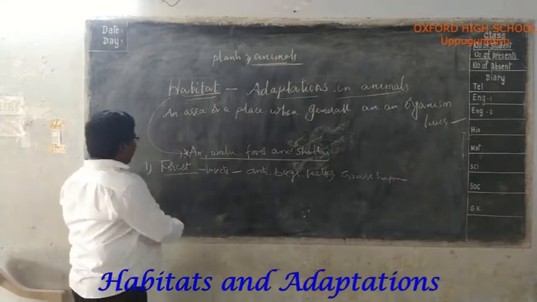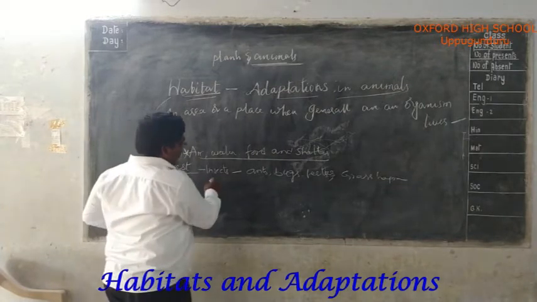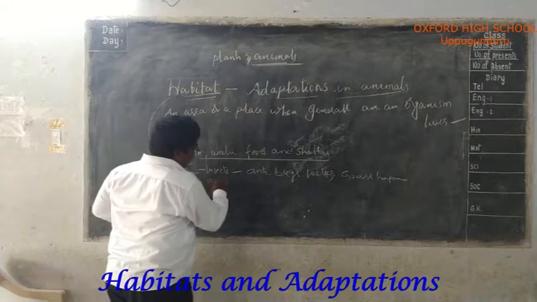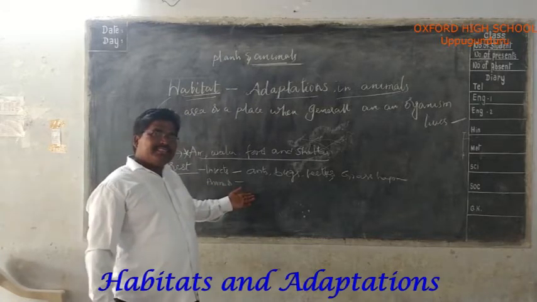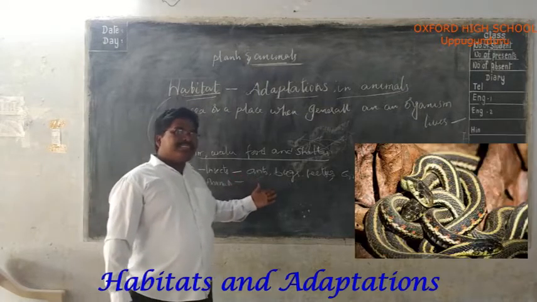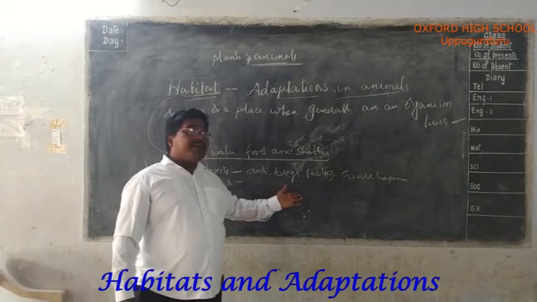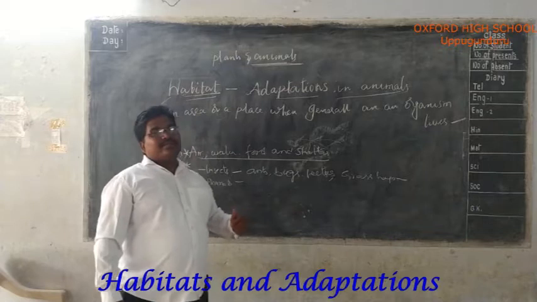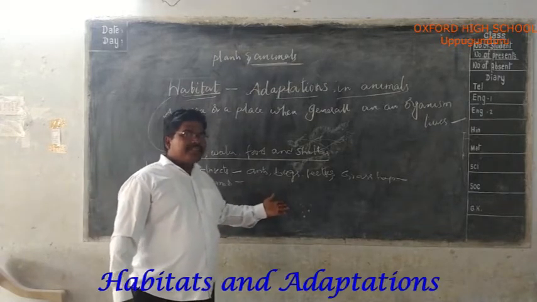And another one is birds. For example, animals like monkeys, snakes, leopards. That type of animals live on the trees. What are those? Birds, snakes, lizards, leopards.